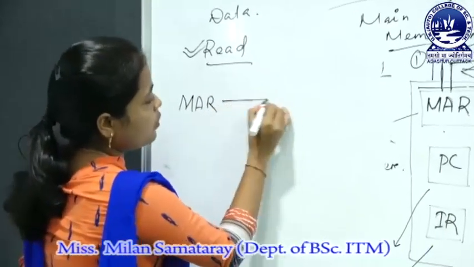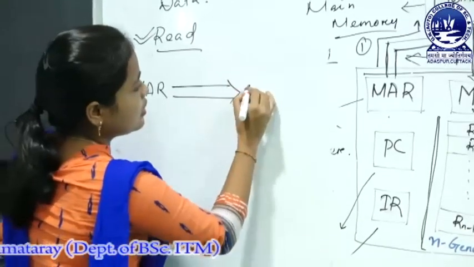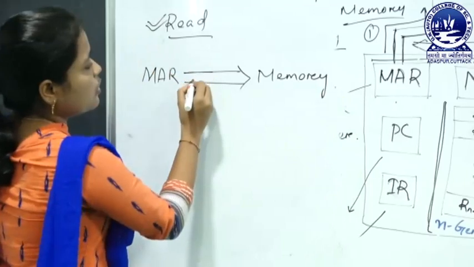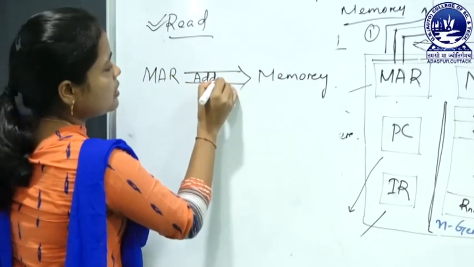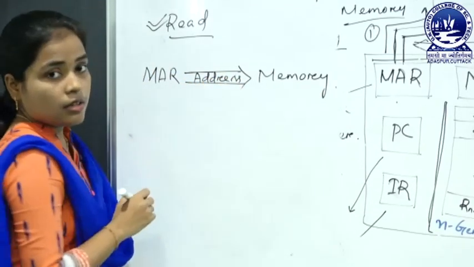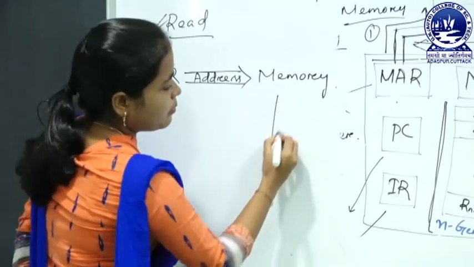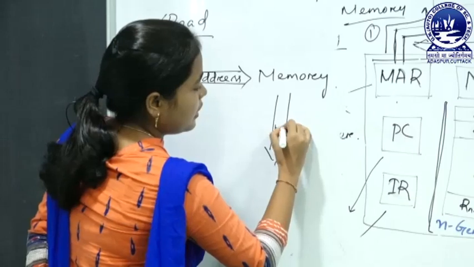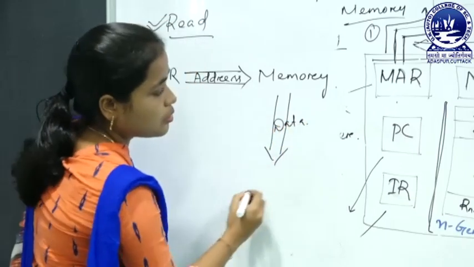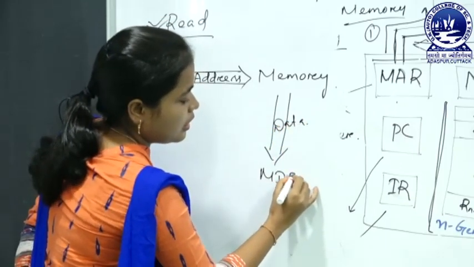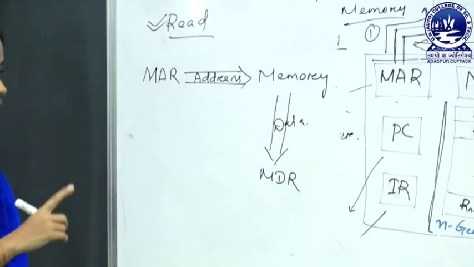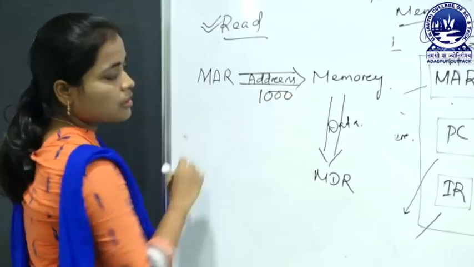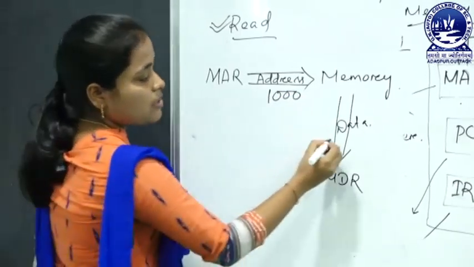First, the MAR transfers the address to the memory through the address bus. And from the memory the instruction or data will be fetched by the data bus to the MDR. Let the address bus contain 1000, and the data bus contain nothing.